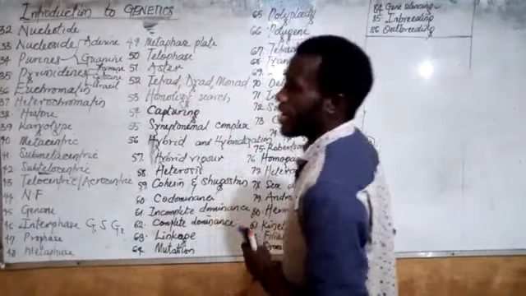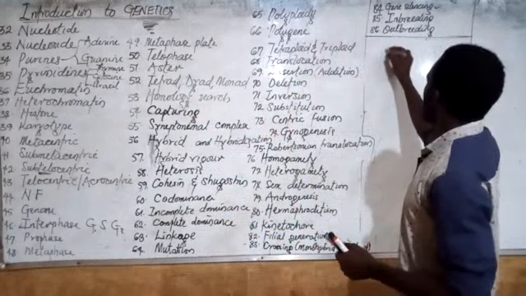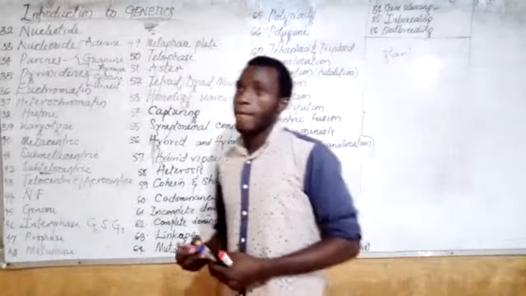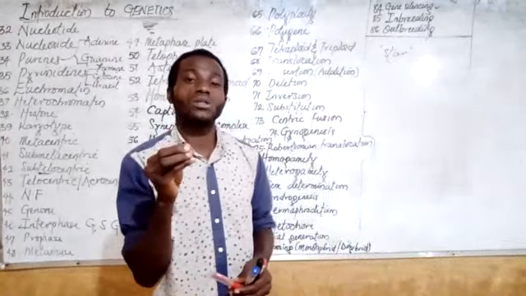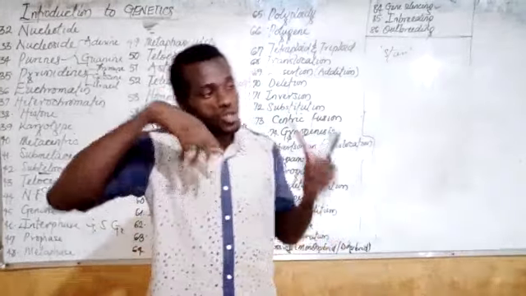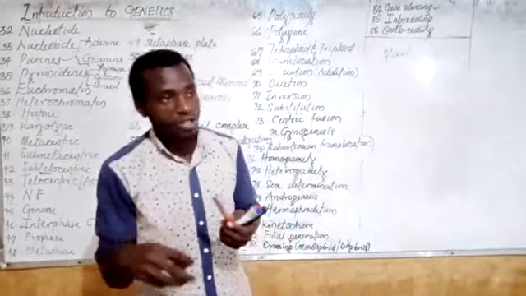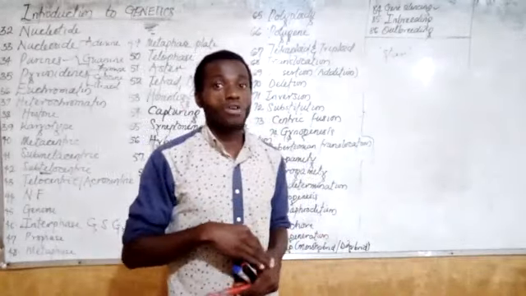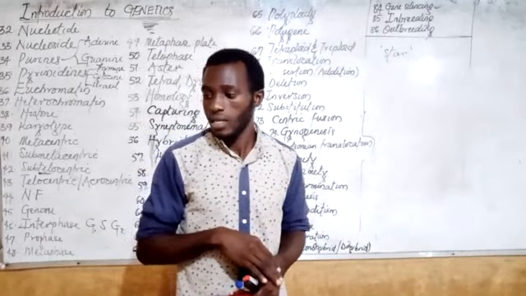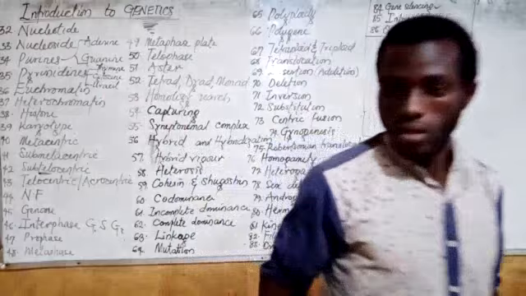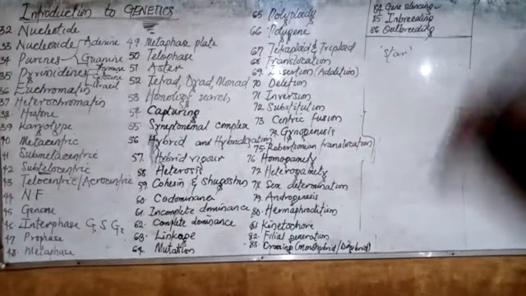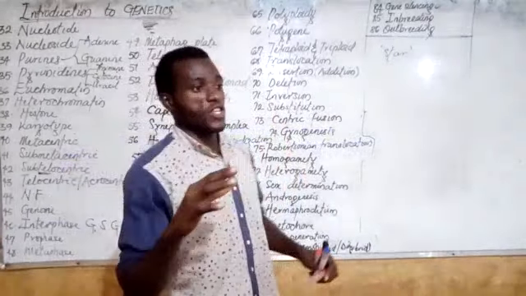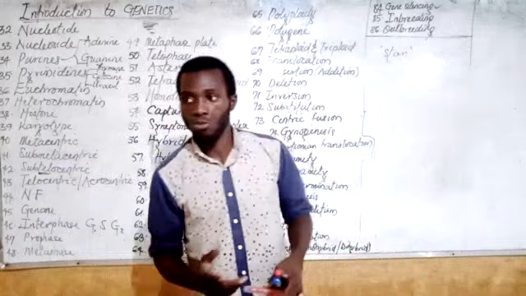Then aster. Aster is gotten from the Greek word that means star. So the aster basically talks about the shape that the centriole forms in the centrosome. You know that when cell division wants to happen, the centrioles are found in the centrosome. So the centrosome now begins to organize what we call cytoskeletons. The cytoskeletons are microfilaments, microtubules that are found in the cell.